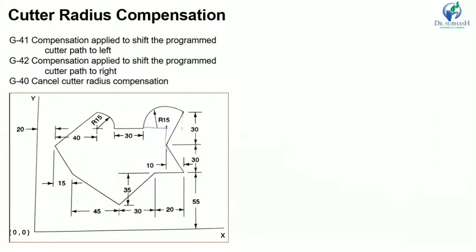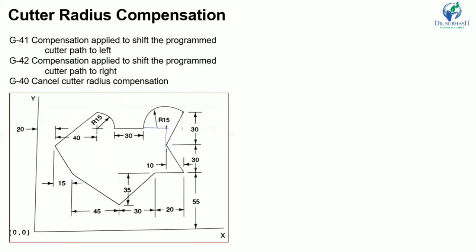In this figure, if the direction of cut is programmed in the clockwise direction of the oversized cutter, then compensation would be provided to shift the cutter path towards the left of the programmed path, that is G41. And if the direction of cut is programmed counterclockwise, the compensation would be applied to shift the cutter path towards the right from the programmed path, that is G42.